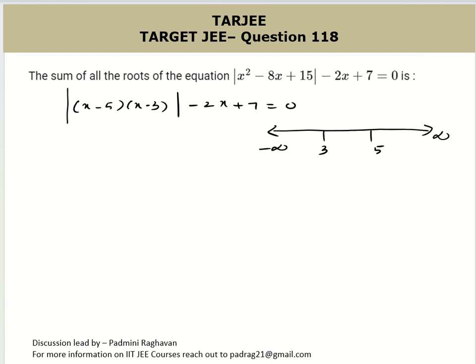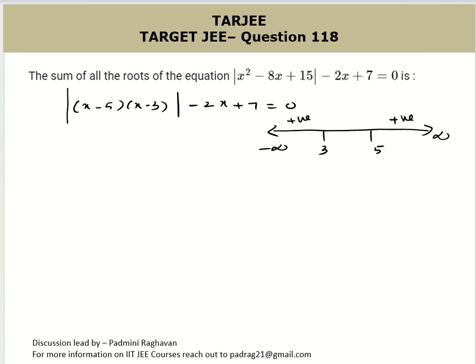Whenever x is greater than or equal to 5, that expression is positive, because the first term is positive, the second term is positive, so the product is positive. Similarly, for any x less than 3, this term will be negative, this term will be negative, and the product will be positive.